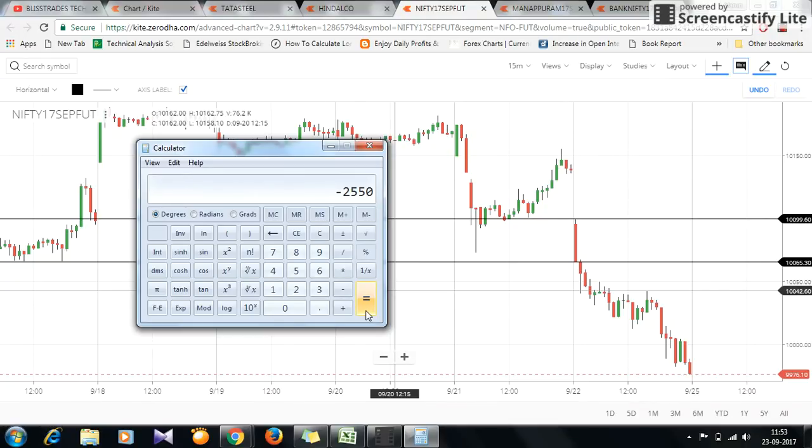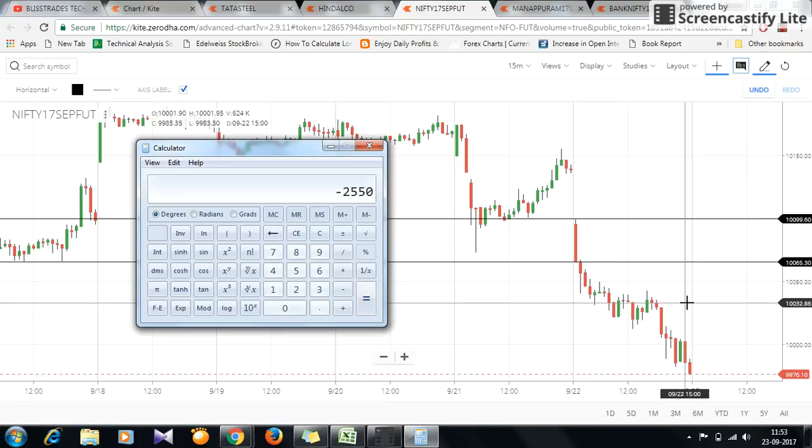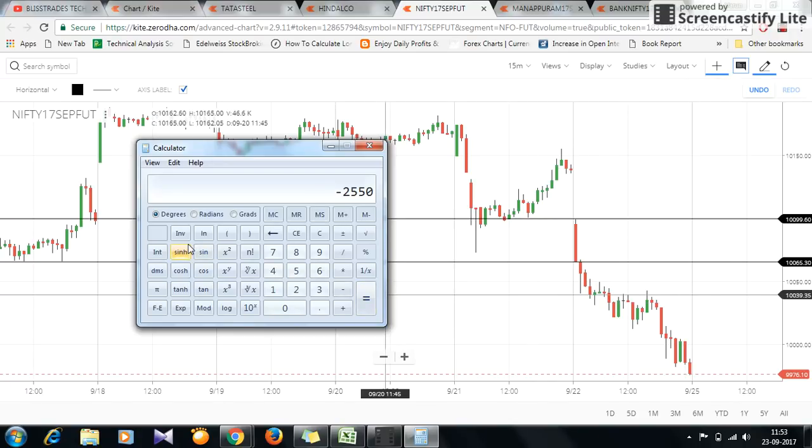And if I get a good move, which I basically got on 22nd of September, let's see where the price closed at 3 p.m. I chose to square off at around 3 p.m. So 3 p.m. close was at 9985. So 9985 minus 10065, that's 80 points.